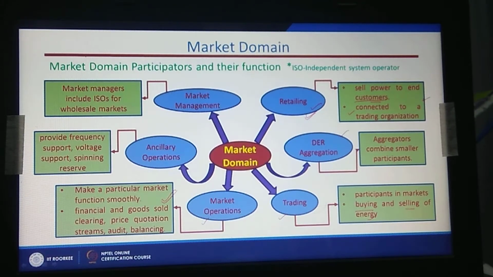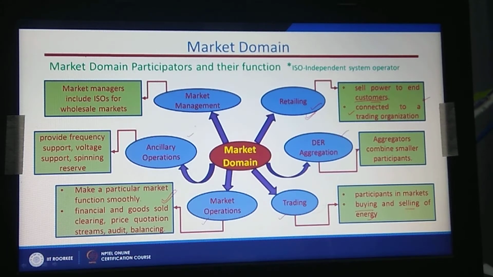And we have ancillary operation. In the ancillary operation, sometimes we have to support the frequency, the voltage, and the spinning reserve of the smart grid system. So these ancillary operations are ready to supply that support: frequency, voltage, and spinning reserve support.